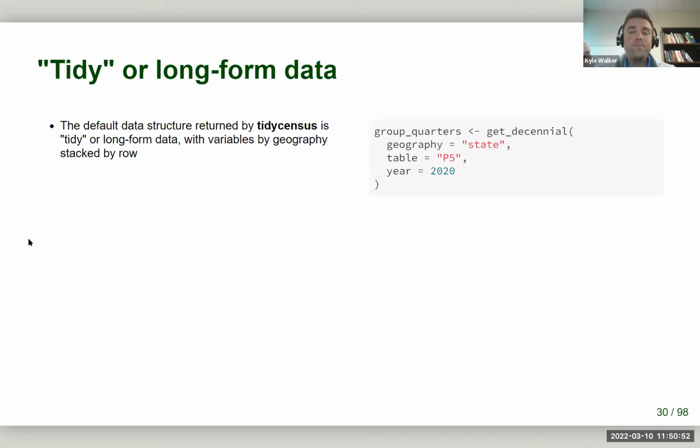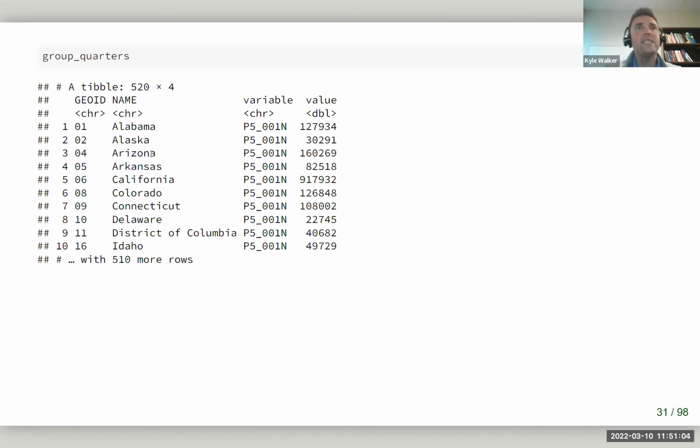And so in this case, geographies will be stacked by row. So if I want to grab all the data on group quarters from table P5 for states, I'll get something that looks like this, but I want to illustrate very briefly exactly how this works and how it looks and how you can browse your data in greater detail.